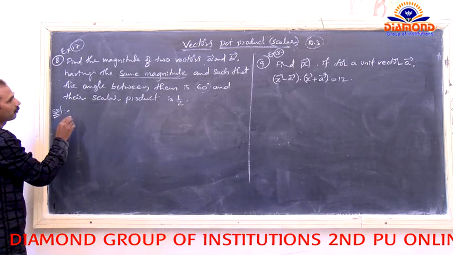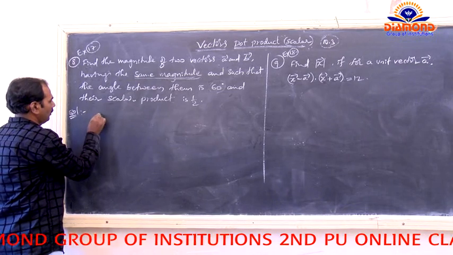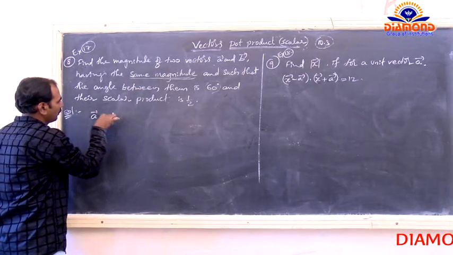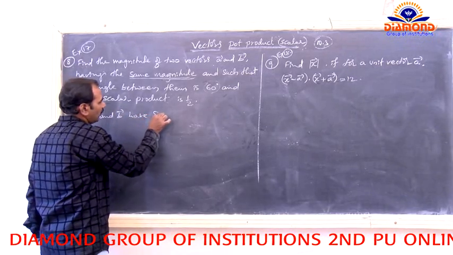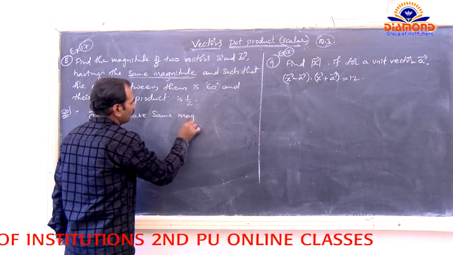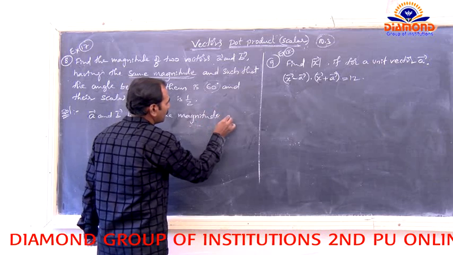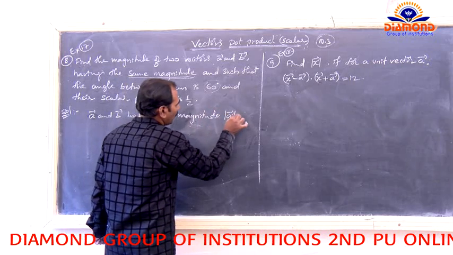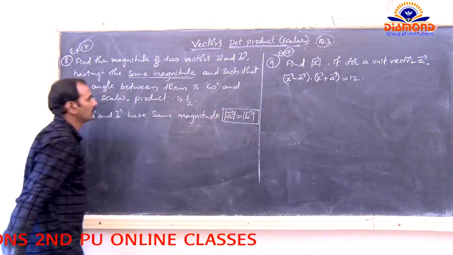First, same magnitude: A bar and B bar have the same magnitude. It means magnitude of A equals magnitude of B. This is the condition.